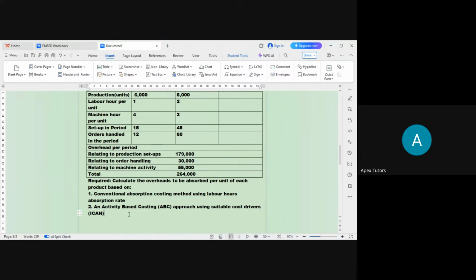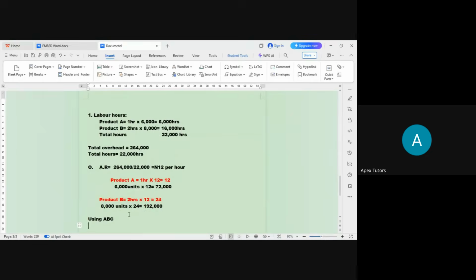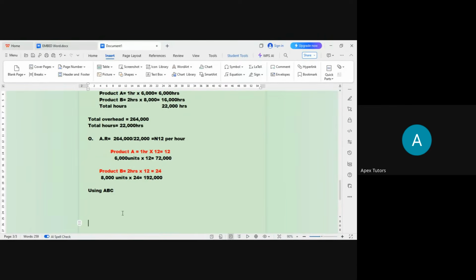Very quickly, machine hour per unit for A is 4. 4 times 6,000 units produced for that period will give you what? For B, 2 machine hours per unit multiplied by production units will give you 16,000. So let's determine that.